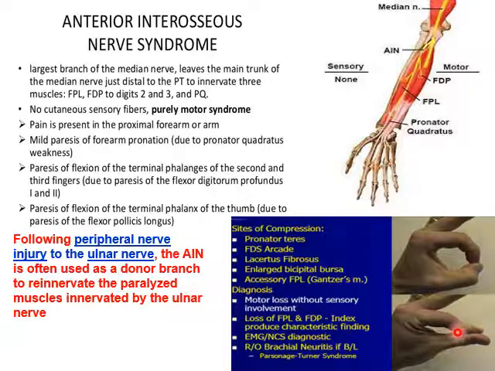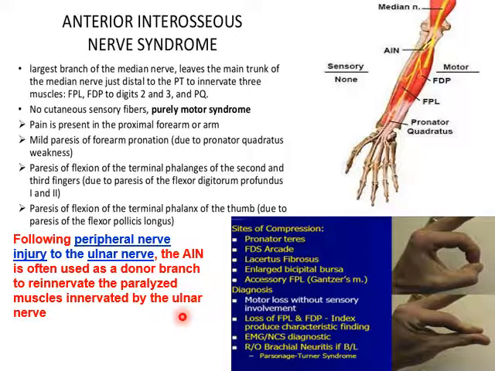So the flexion is lost, and the OK sign cannot be properly performed in anterior interosseous nerve syndrome, as there is a loss of flexion at the terminal phalanx of the index finger and the thumb.